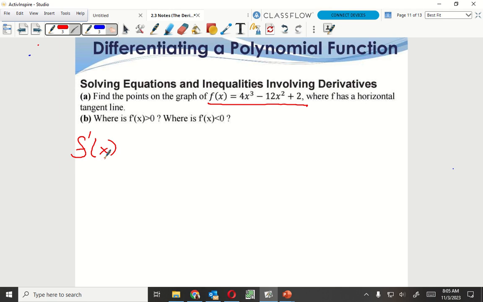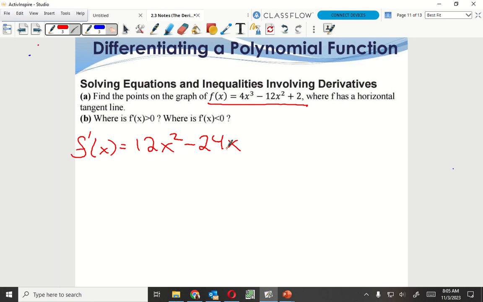Okay? So let's find f prime. What's the derivative of f here? Someone help me out. What are we going to end up with? Well, 12x squared minus 24x, and nothing else, because that 2 is a constant, and the constant goes down to 0, right? Good.